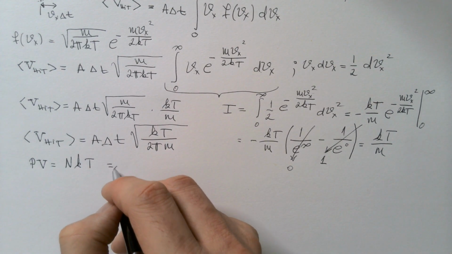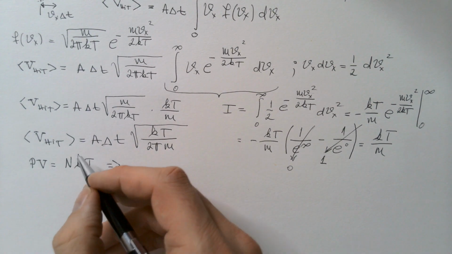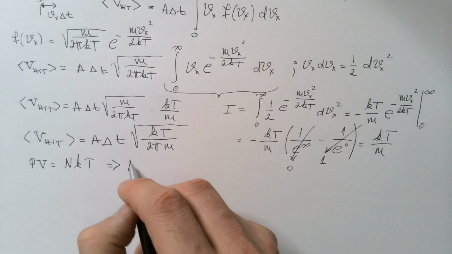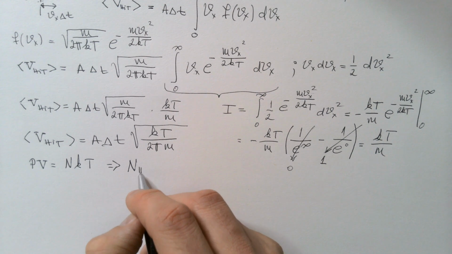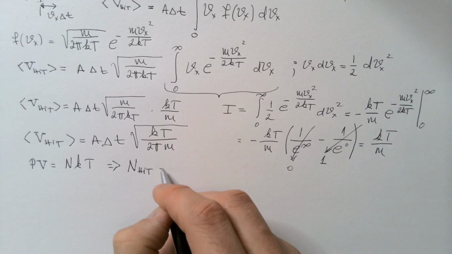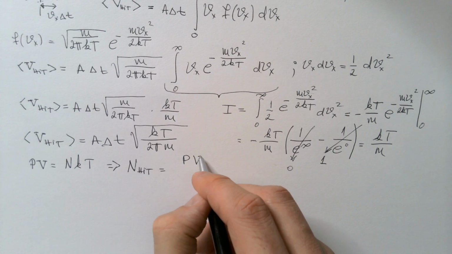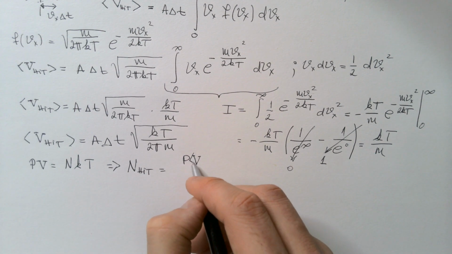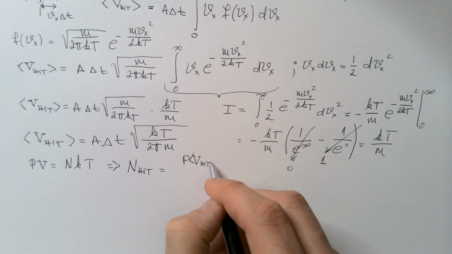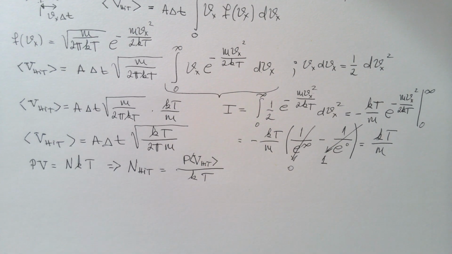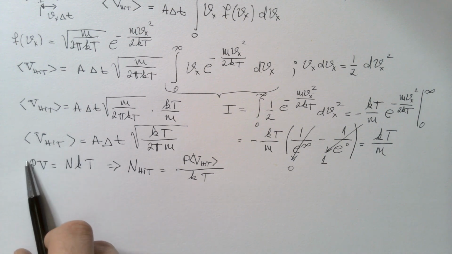So if I apply this to the volume of the heat, the number of atoms that will hit the wall is equal to pressure times this average volume of the heat divided by kT.